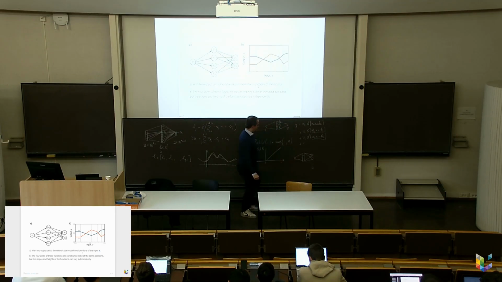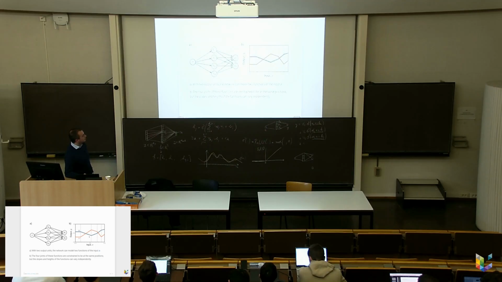Okay? And since it's precisely the hidden units which define where the joints are located, you will have 2 outputs which look like this.